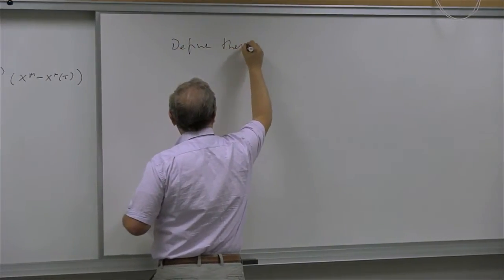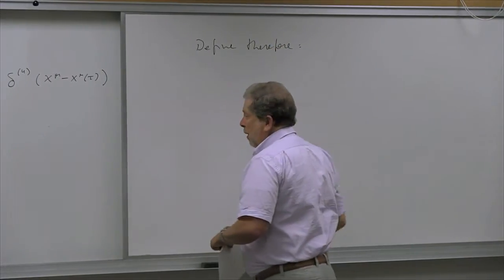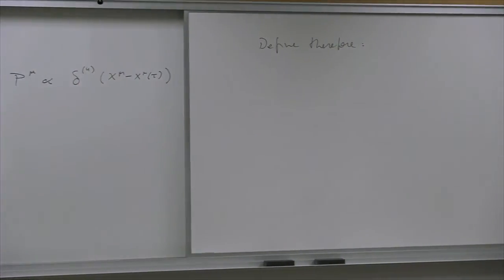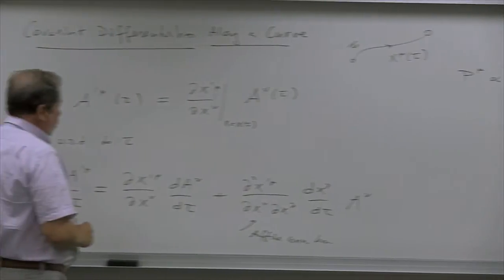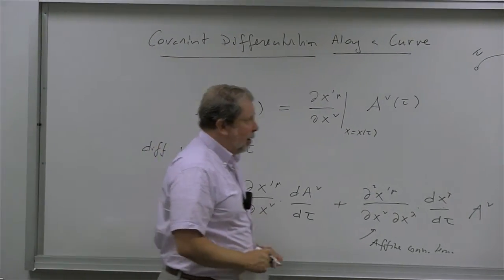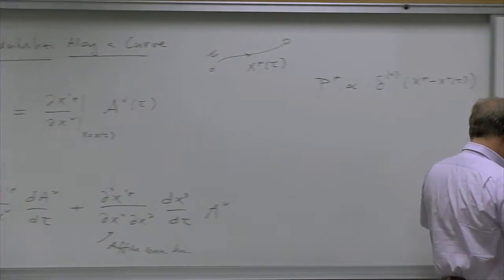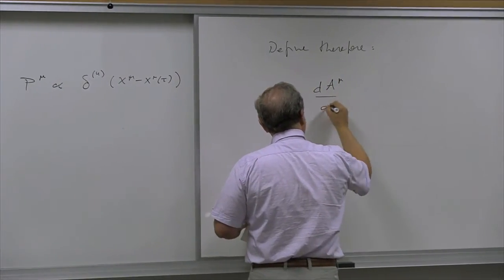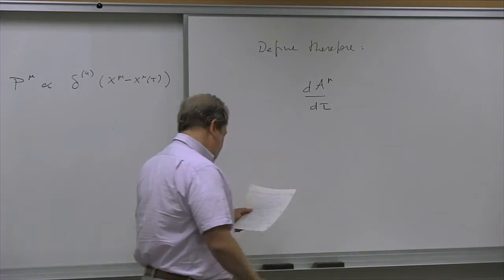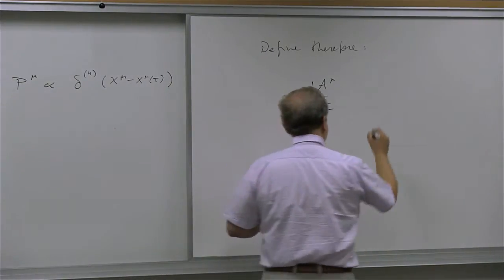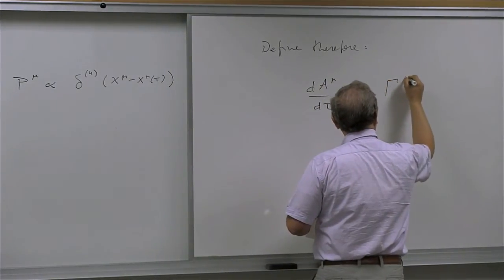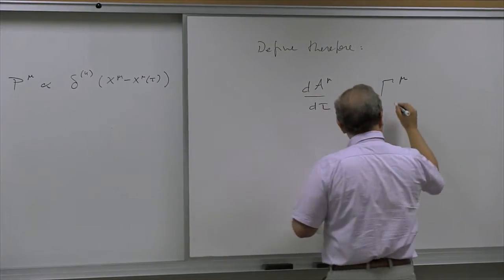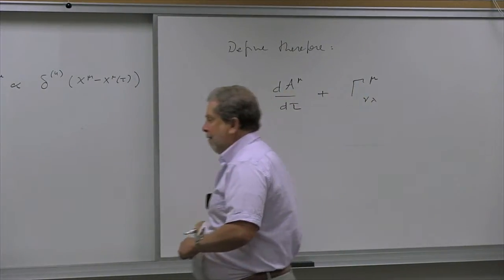So we define, therefore, the derivative along a path, along a curve, to be the ordinary derivative, dA mu by d tau, right, plus an affine connection term, so plus gamma mu nu lambda.